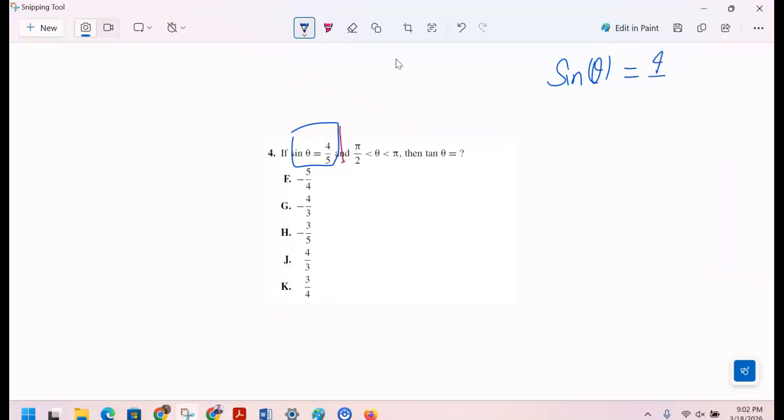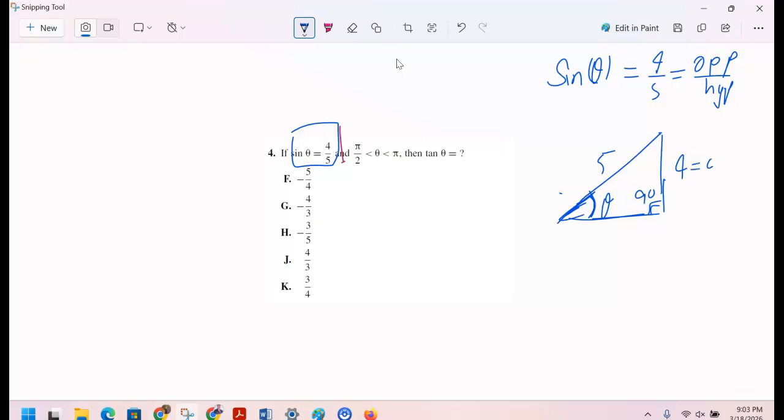They gave it as 4/5, but we know it is the opposite side over the hypotenuse. So you can draw a simple triangle to show that this is 4 and this is 5, and this is a right triangle where the angle is theta. This is 90 degrees. So for this angle, this is the opposite side and this is the hypotenuse.